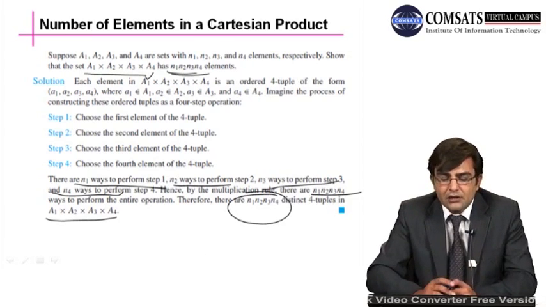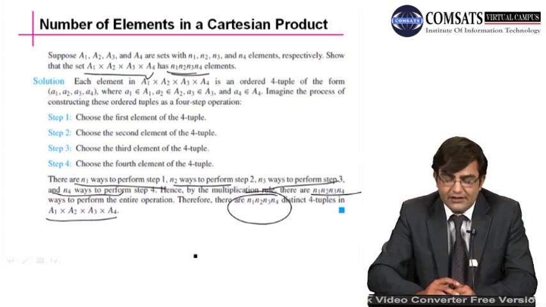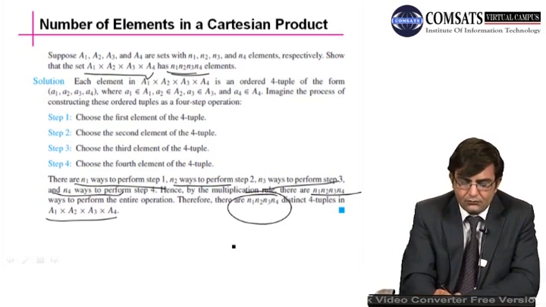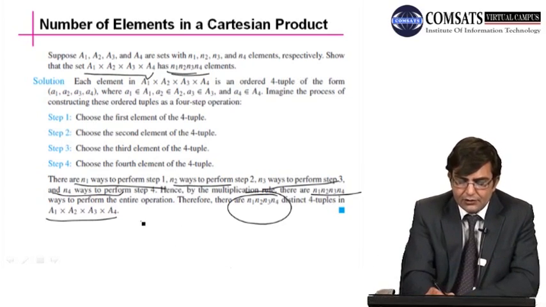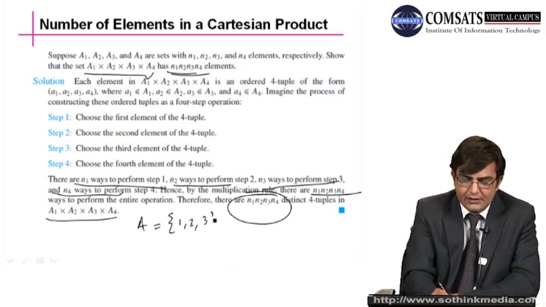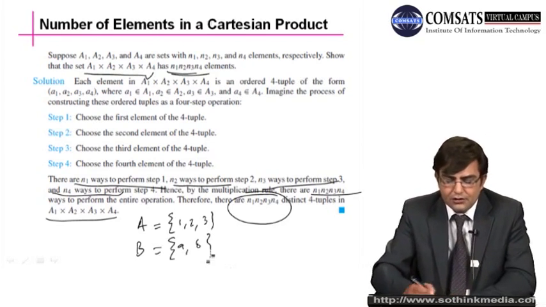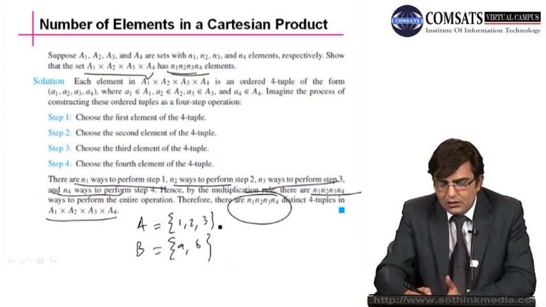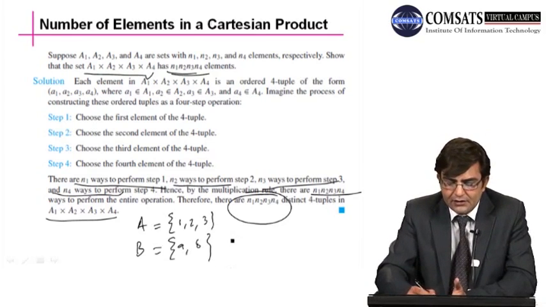Now we can verify it by choosing an example. You can take two sets, A equal to {1, 2, 3} and B equal to {a, b}. So the Cartesian product of these two sets will contain how many elements? In the first set we have 3 elements, in the second set we have 2 elements.